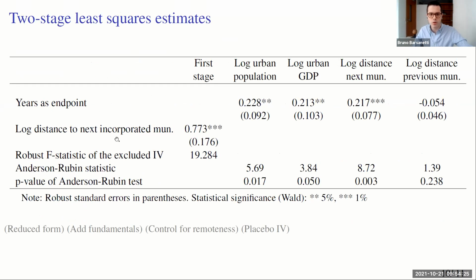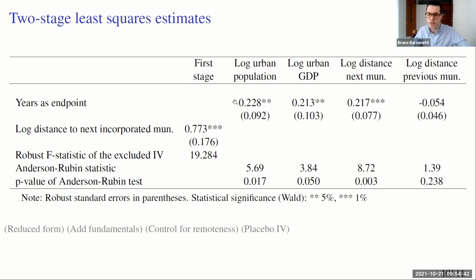So just to conclude briefly, these are the two-stage least squares. First we see, in the first stage, towns for which the next incorporated municipalities are farther away tend to spend more years as endpoints.